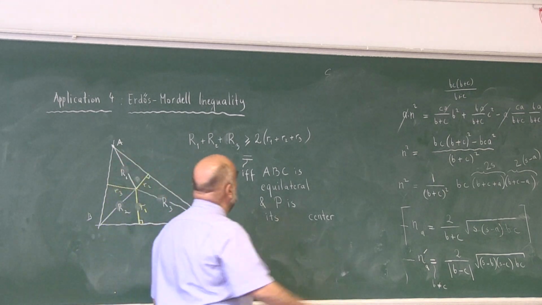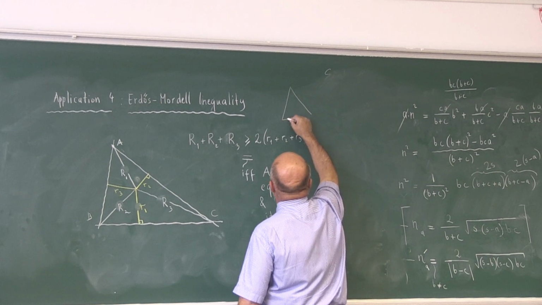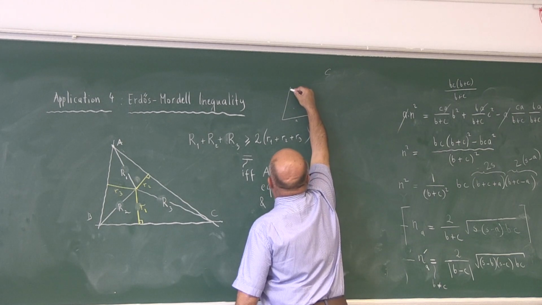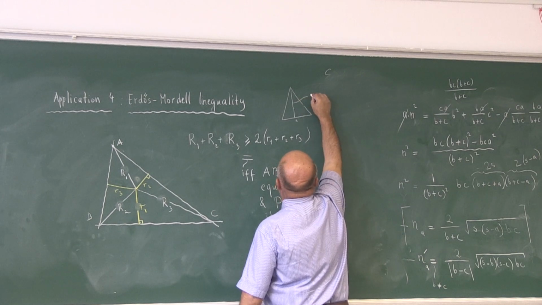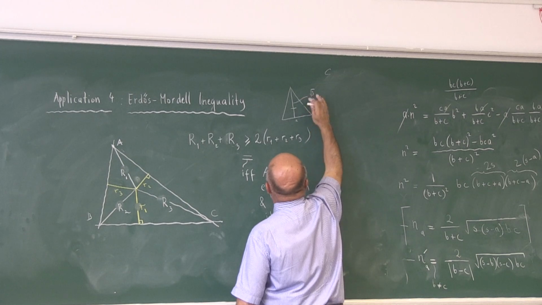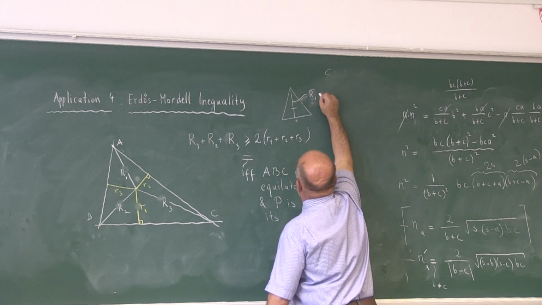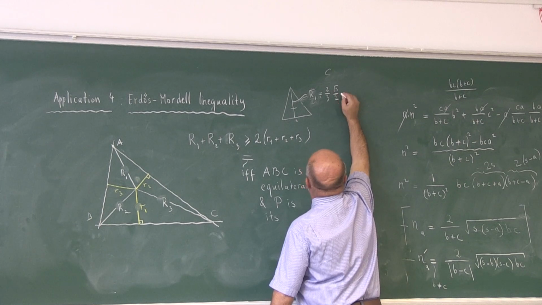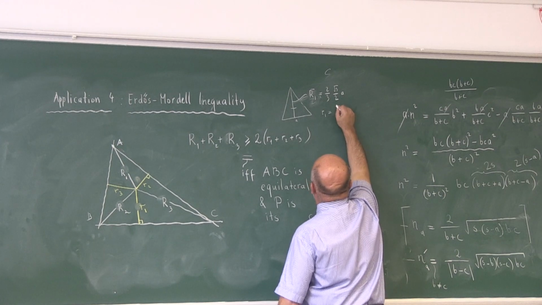Right, so if the thing is equilateral and P is its center, then this becomes an equality. Does it really? Let's have a look. This is an equilateral triangle. It doesn't matter what the side length is, let's say A. So if you have got the center, then what's the height? The altitude is, of course, this. And so it means that R1 is 2 over 3 of square root of 3 over 2 A, and small r1 is in fact 1 over 3 of it.